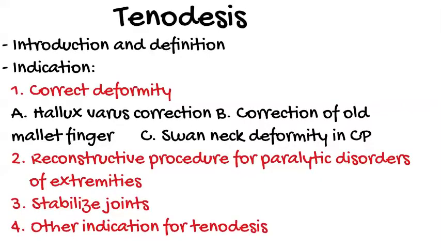Number 2, reconstructive procedure for paralytic disorders of extremities. Number 3, for stabilization of joints. Number 4, other indications for tenodesis.